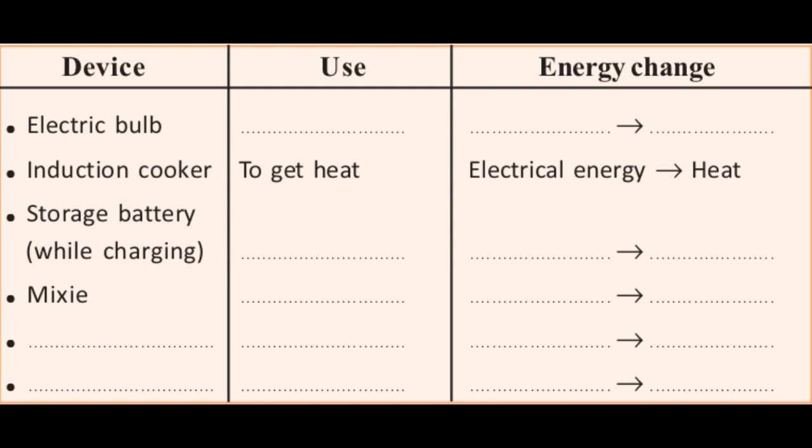By completing the table in the textbook 1.1, it indicates first chapter, first table, you can easily understand the different effects of electric current and their corresponding energy changes too.